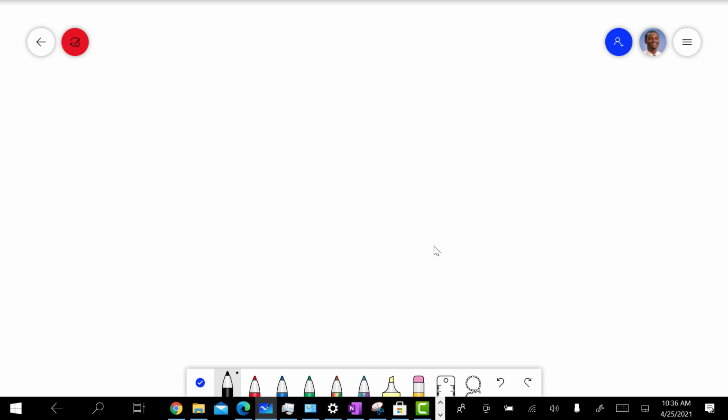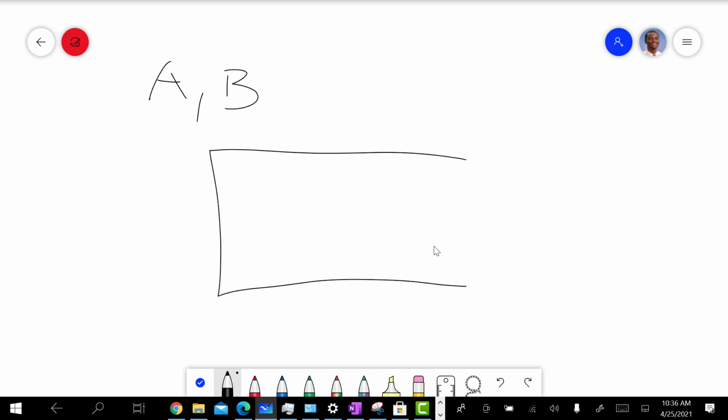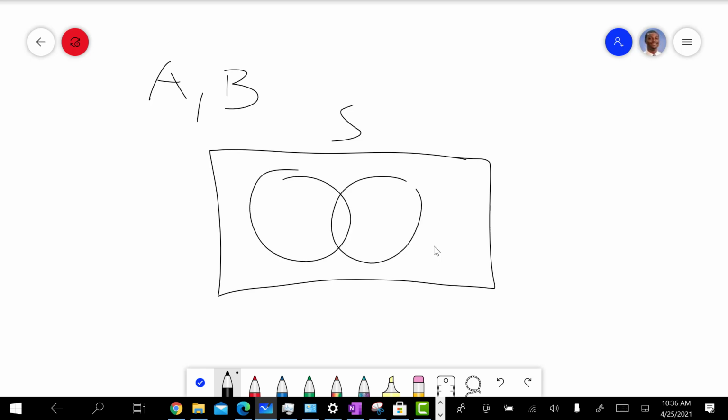Say you have two sets A and B, and a universe S. Let me draw what's called a Venn diagram, with set A and set B. The union of these two sets will be anything that belongs to A, anything that belongs to B, or both at the same time.